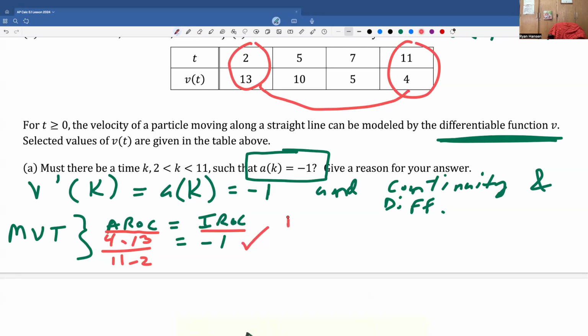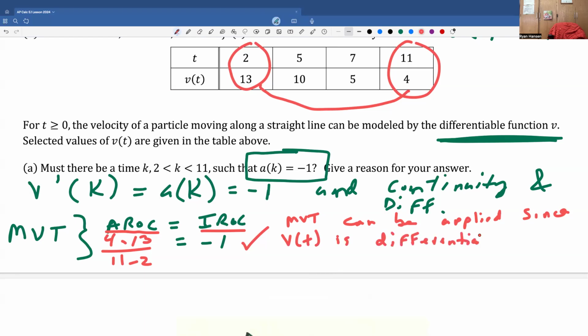So I'm going to write MVT can be applied since V of t is differentiable for all values of t, for all t.